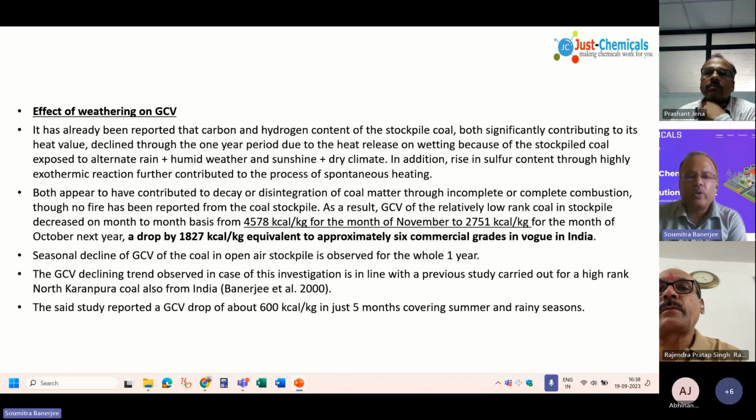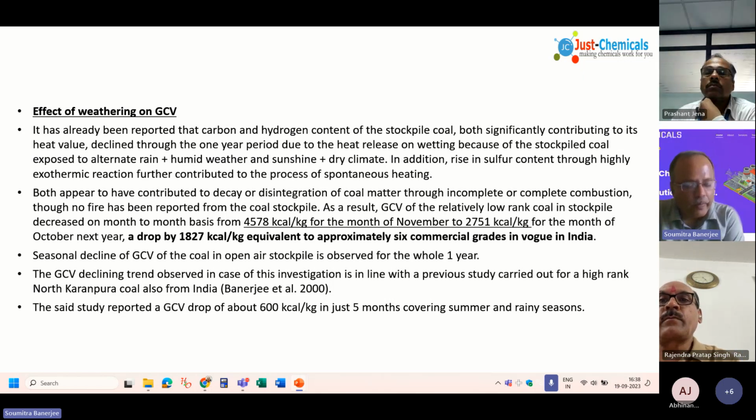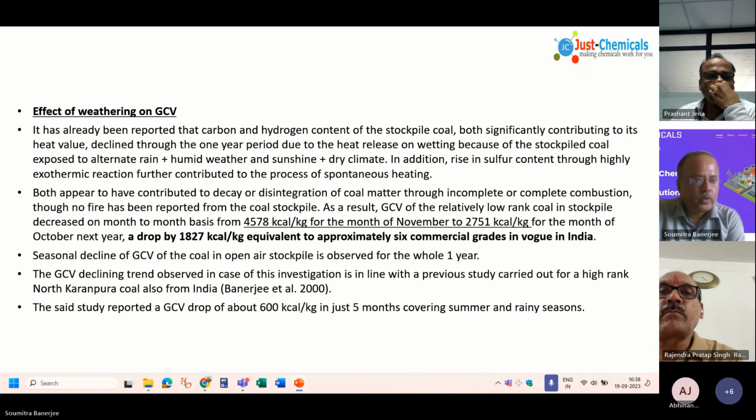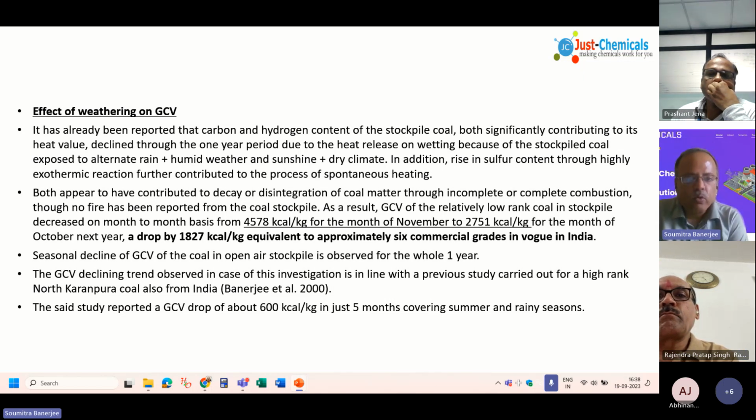So this keeps on differing and keeps on increasing. In addition, a rise in sulfur content will always happen as the carbon and hydrogen percentage goes out, and both appear to have contributed to the decay or disintegration of the coal matter through incomplete or sometimes complete combustion, if spontaneous combustion is taking place, though no fire has been reported from the coal stockpile.